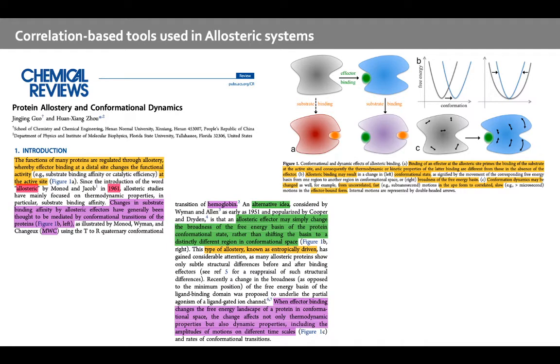Then the edge that connects these two residues will be weighted according to the correlation value. Remember, if they are highly correlated, then we'll have shorter distances, shorter path lengths. If they are not correlated, then we'll have very long lines, let's say. With that, you construct the first graph.